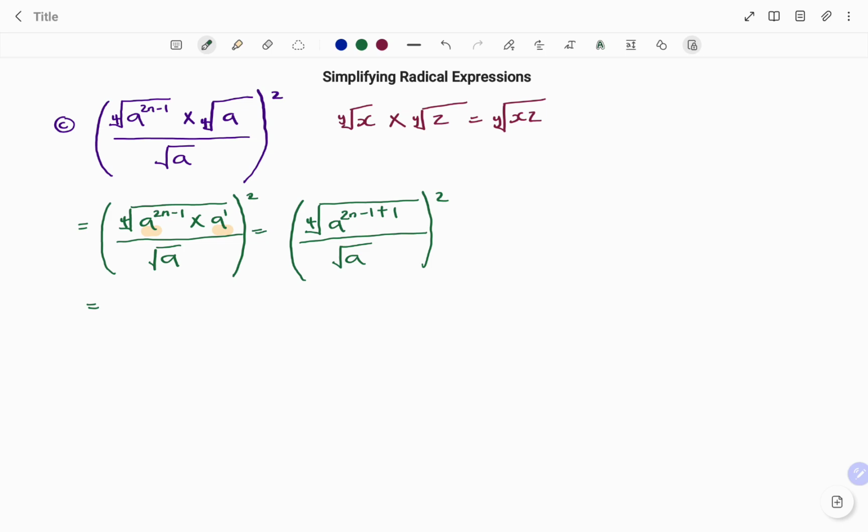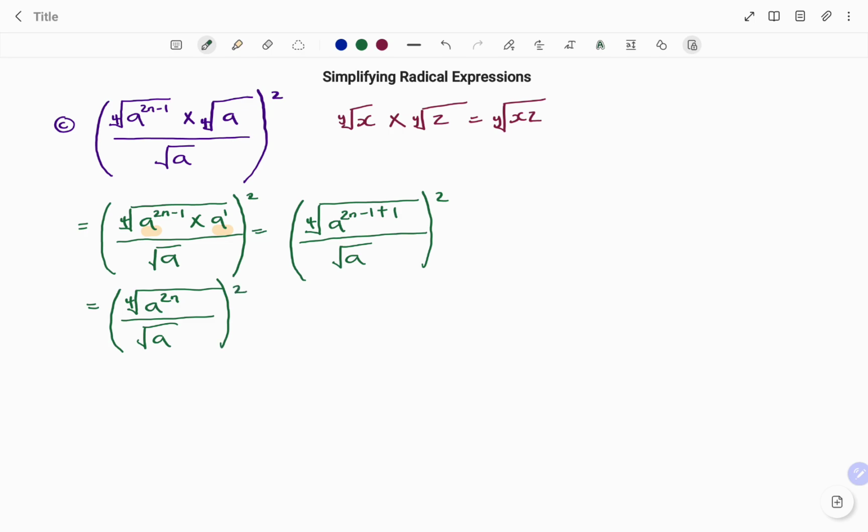That will give us, I still have my bracket, the fourth root of a to the power of 2n minus 1 plus 1, that's 2n, over the square root of a, all squared.